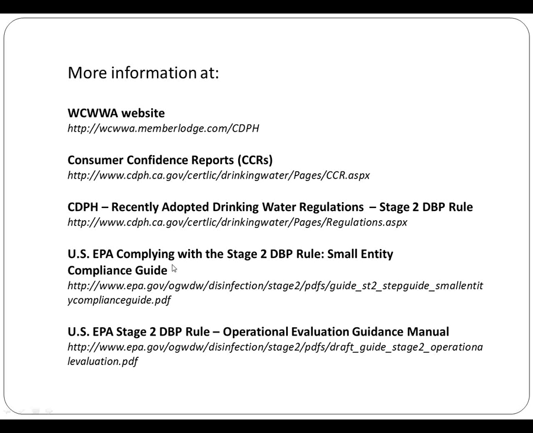EPA put together a compliance guide for small water systems. It's a good, well laid out guidance document. Also, if your water system has to do the OEL, there is a guidance manual for the operational evaluation.